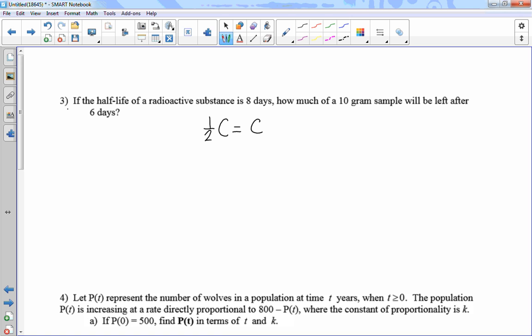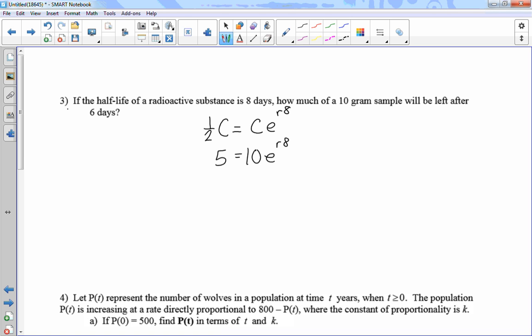Okay, does it look right? So if we plug in numbers, C is 10, and we get 5 over here, right?